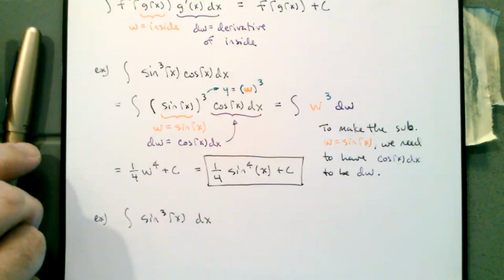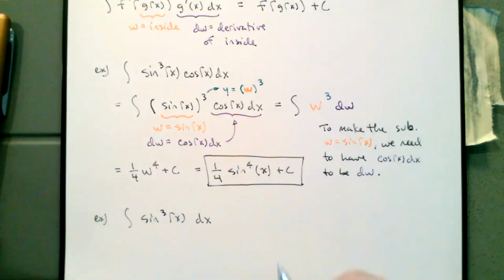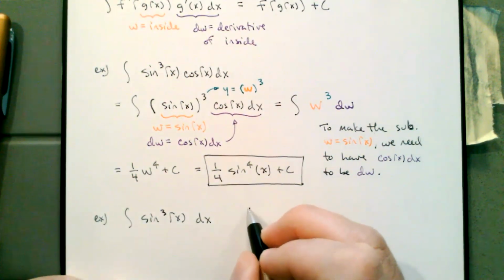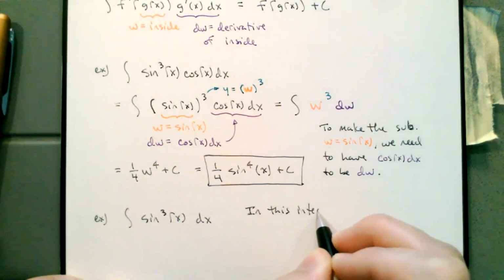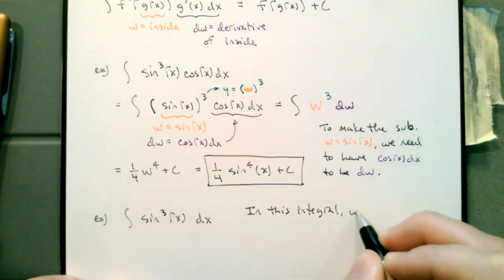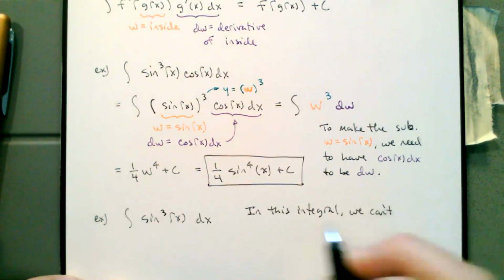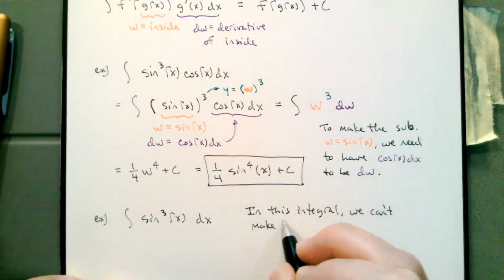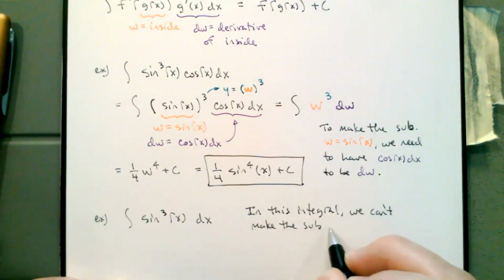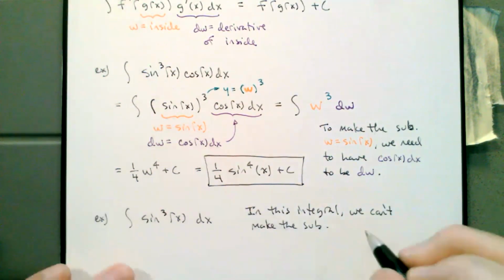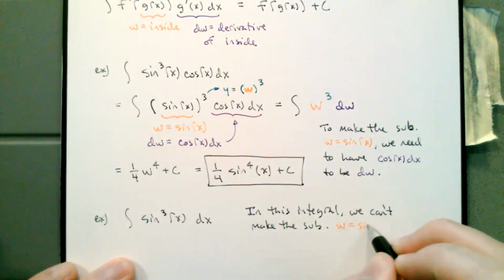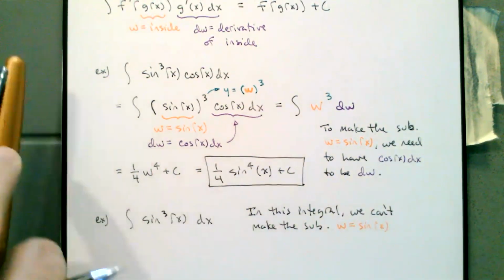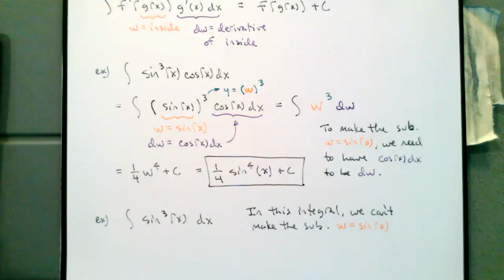So in this case, we can't make the substitution w equals sine x since we don't have a factor of cosine x to be dw.